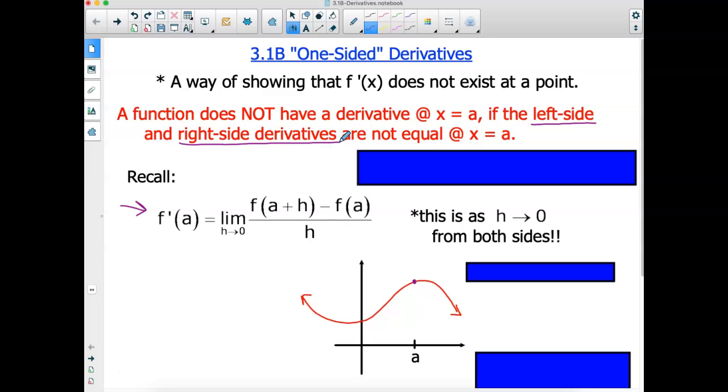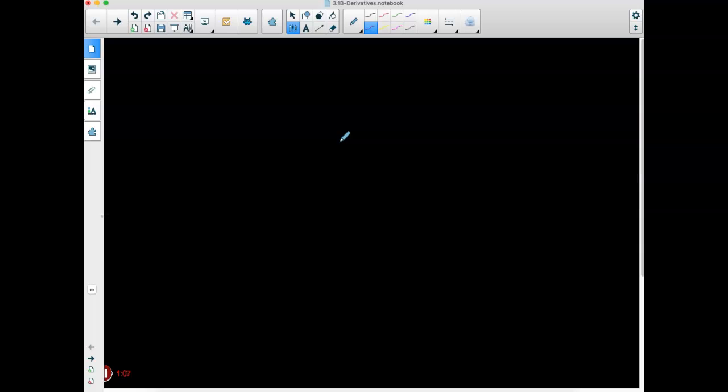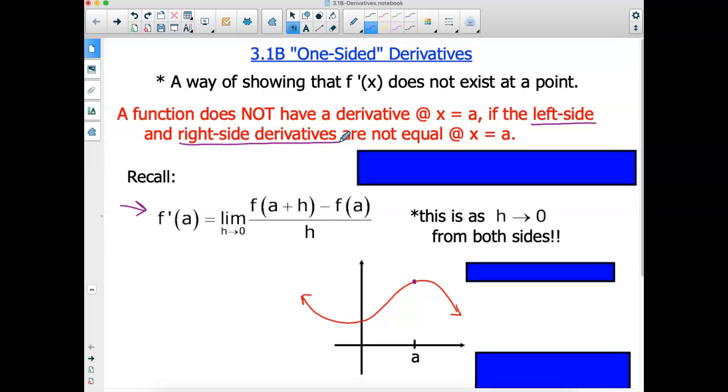What that means is, as I'm approaching that x equals a on my curve, or on my graph, I'm going to qualify it as I get closer and closer to that a value on the right and closer to that a value on the left, if the slope of that curve on the right and left is not approaching the same slope, then the derivative does not exist.